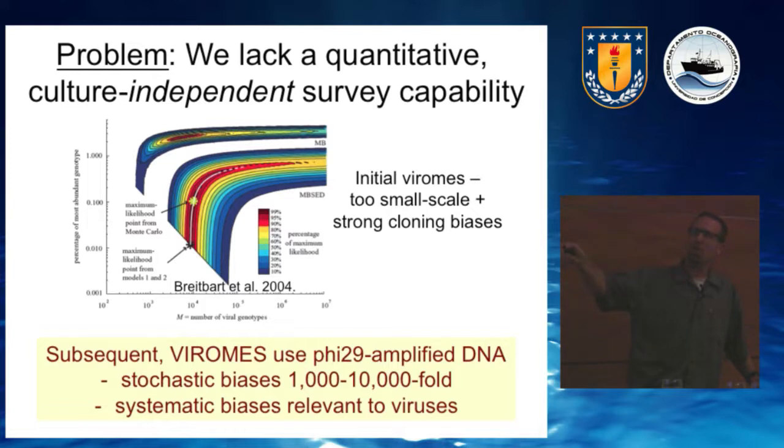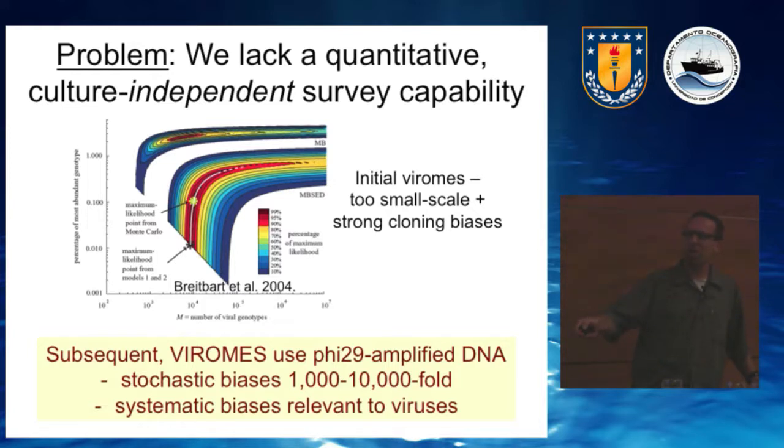They suffered from cloning bias and from being just a couple thousand clones. Or they were Phi29 amplified. And DNA that's been Phi29 amplified has a stochastic bias, meaning a non-reproducible bias, that usually skews single-cell genomics projects 1,000 to 10,000 fold. So I like to be a lot more accurate than 1,000 to 10,000 fold.